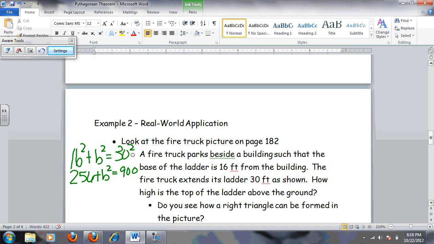You solve from there and find out what B squared is. Once you do, see if the answer that you get is in close proximity to the answer they got on page 182 in example 2.